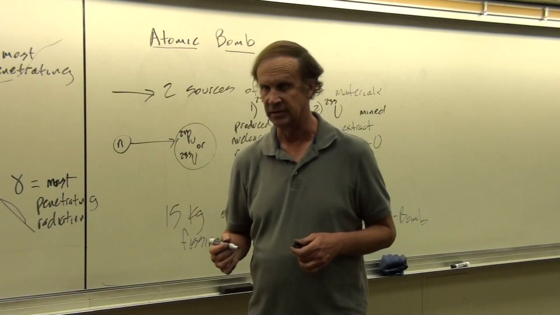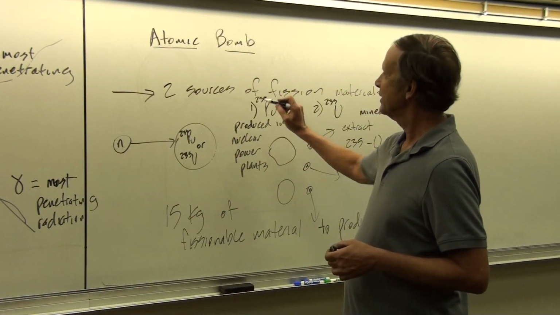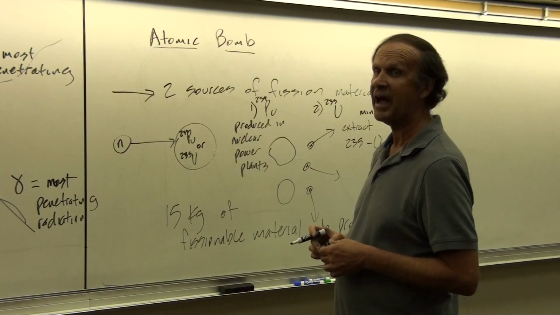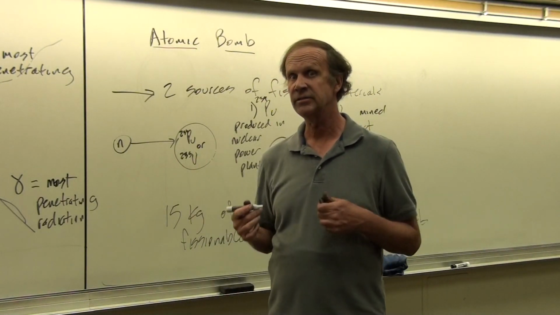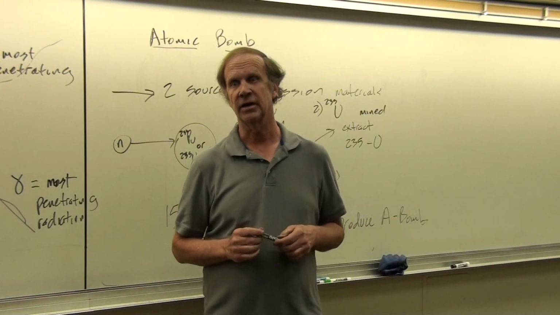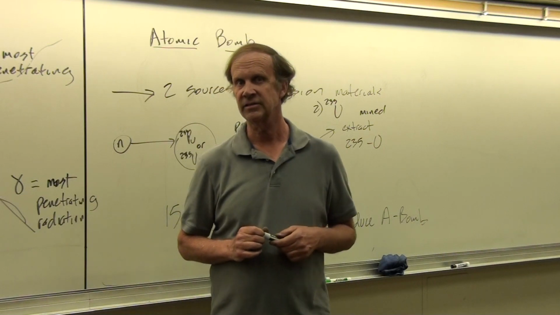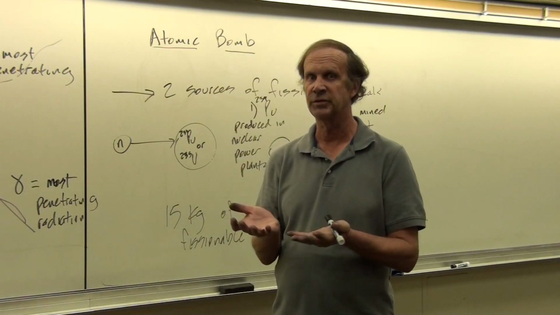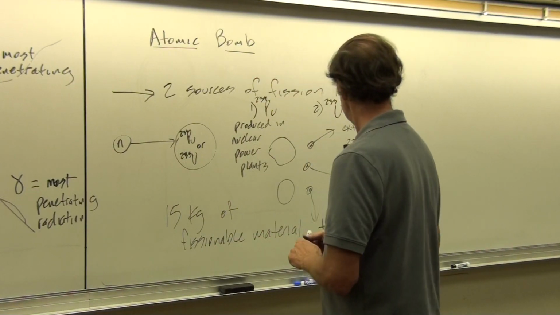which is about 70%. And so our competitor for the atomic bomb was Heisenberg, the guy from the Heisenberg uncertainty principle. They got Heisenberg to run the German atomic bomb project. And he made a mistake in his calculation of how much fissionable material was necessary to create what's called critical mass.